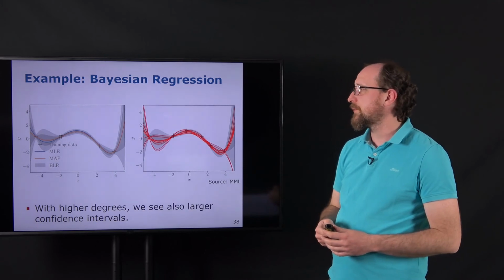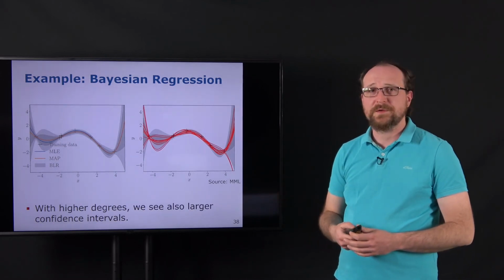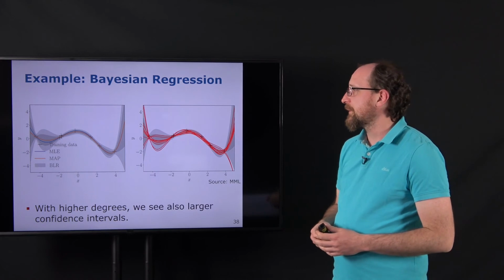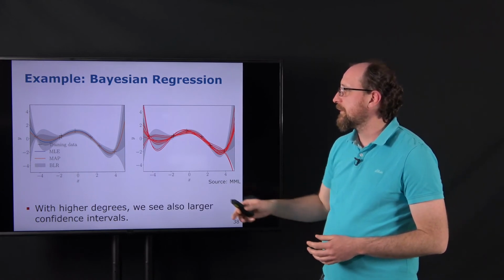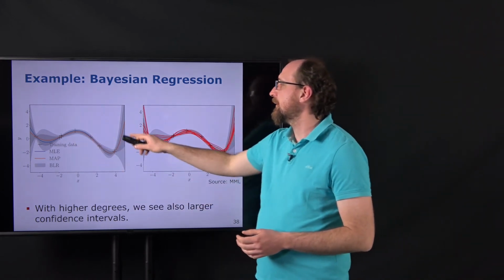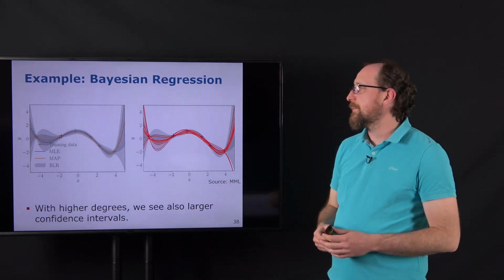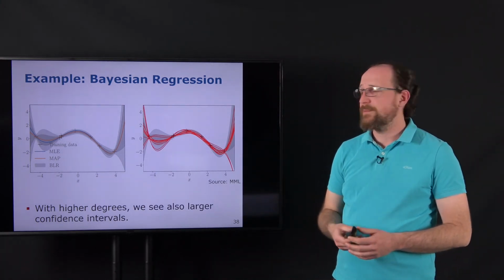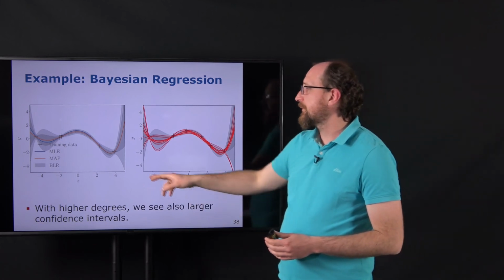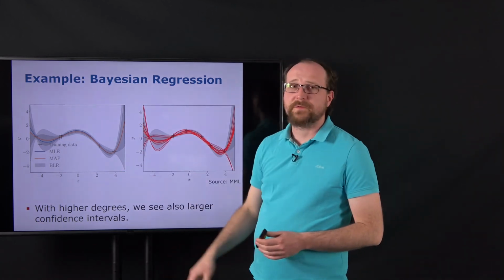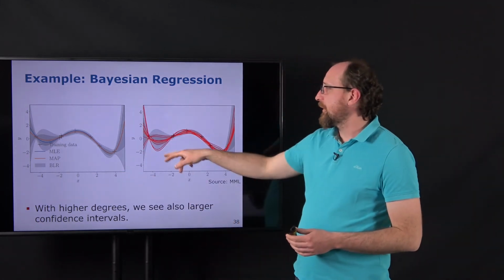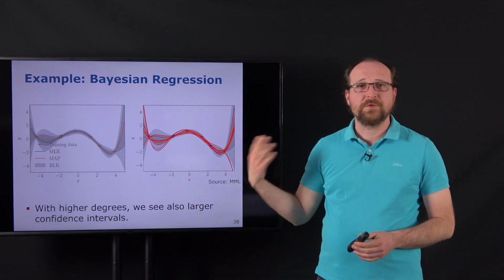When we increase it to 5, we get this shape. As you can see, the maximum likelihood estimate and the maximum a posteriori estimate are a little bit different. But what you also can see is that the confidence intervals grow, because we now have more freedom for the function.